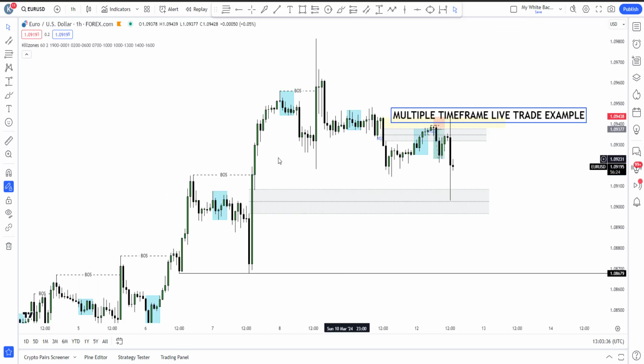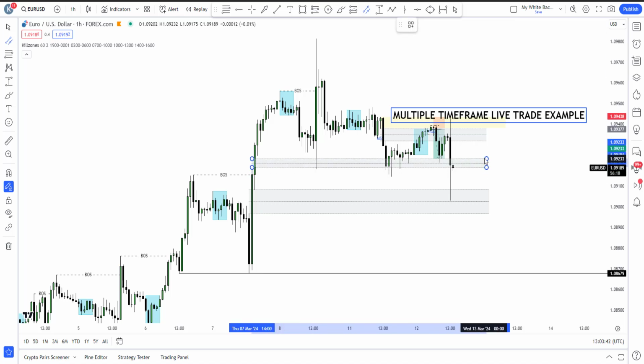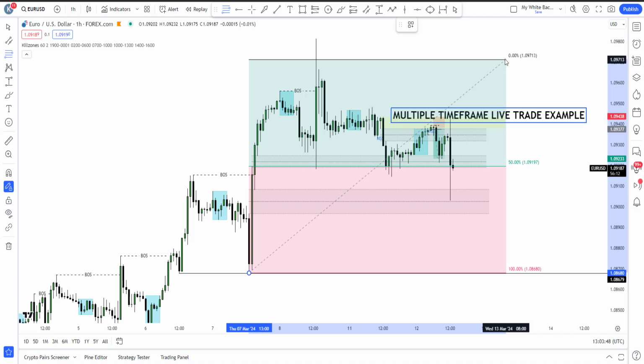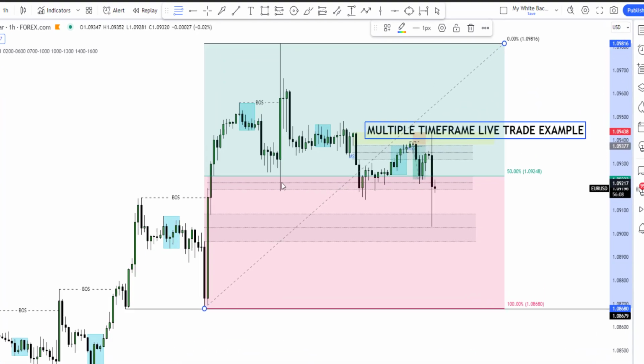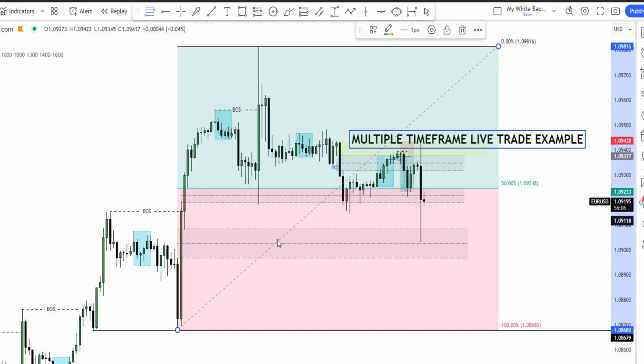But this particular fair value gap was not very important because it is still in a premium. All right, if you pick your fib level from here to this area, right here it is half in discount, half in premium, but this fair value gap is not as important as this second guy.